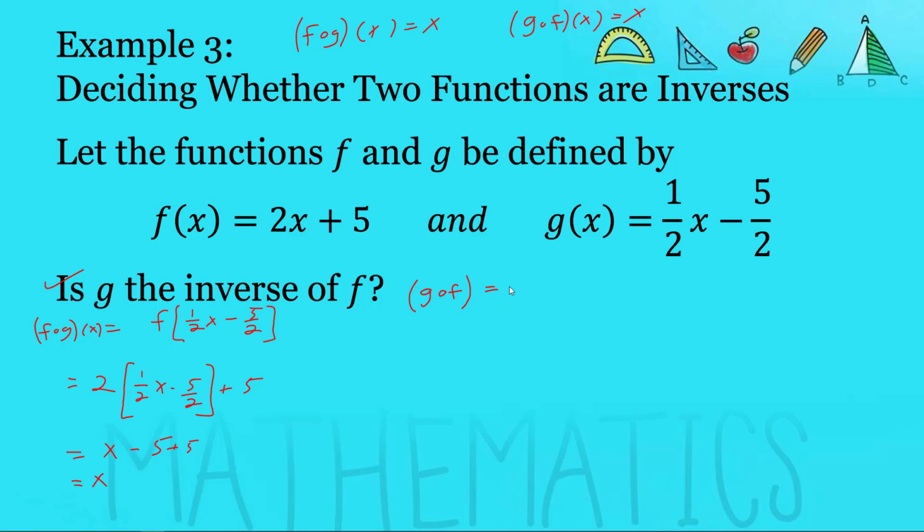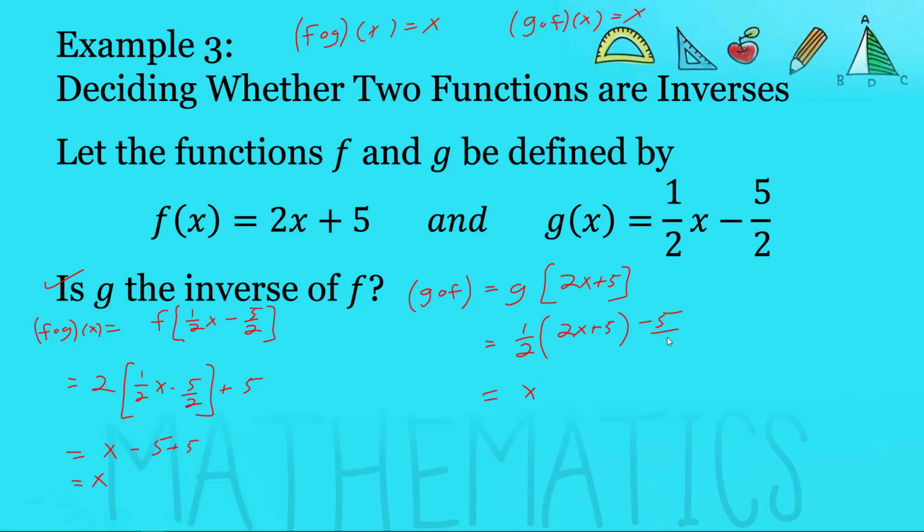Now we need to look at the composition of g and f. That is going to be equal to g evaluated at 2x plus 5. All right, once again, we are going to substitute 2x plus 5 everywhere we see an x in the definition of g. That will give me 1/2 times the quantity (2x plus 5) minus 5.